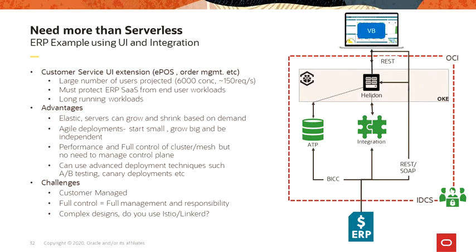We've got ERP at the bottom and VB at the top. VB could call ERP directly through this right-hand branch. There are times that we might want to go through Helidon, so we deployed a Helidon layer there, which is Java. And we go through Integration Cloud because we want to do some transformation there. We were reusing a transform in this scenario.